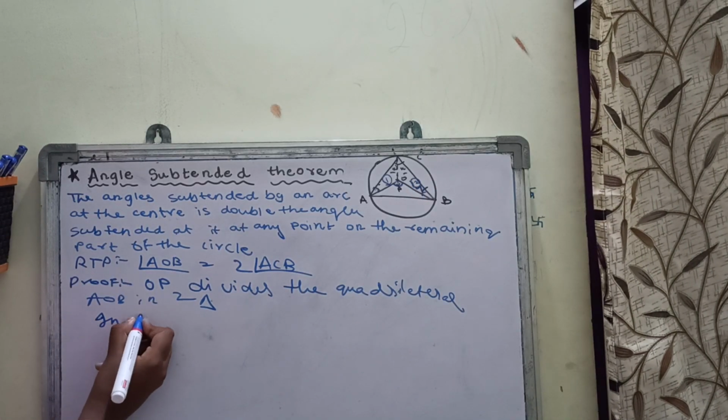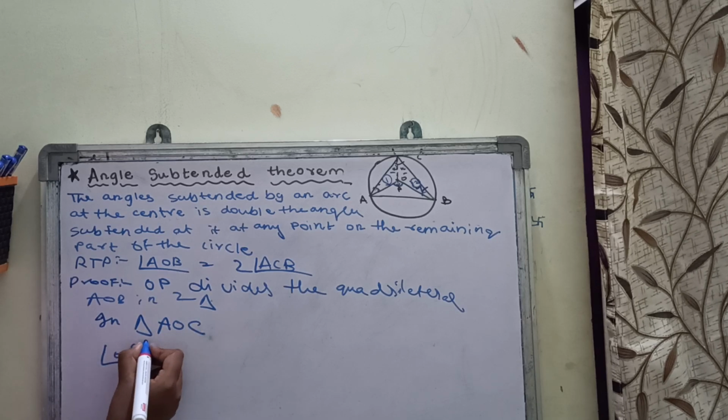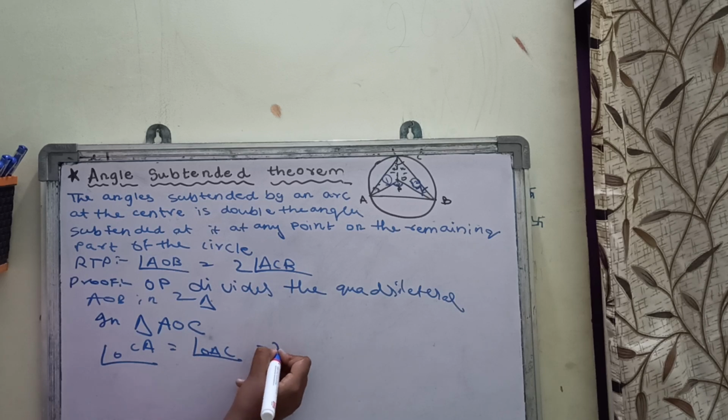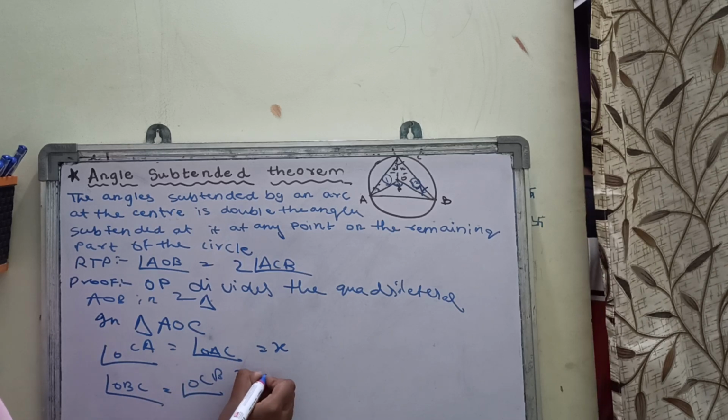In triangle AOC, we are naming angle OCA is equal to angle OAC is equal to X. And we named angle OBC is equal to angle OCB. We named it as Y.